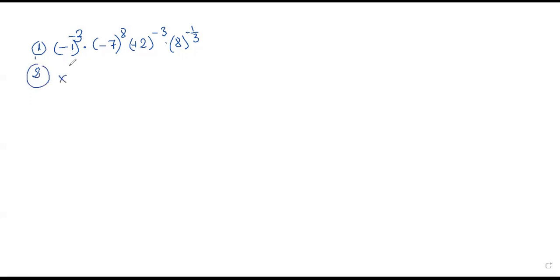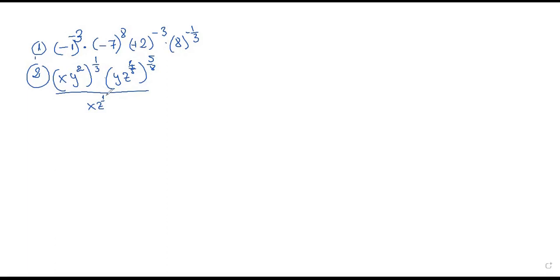X at the power of xy at the power of 2 at the power of 1 over 3 times yz at the power of 4 over 5 at the power of 5 over 8 over xz at the power of 1 over, it's rebuffering.